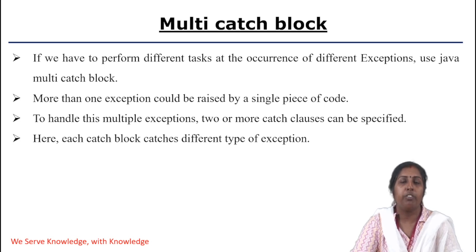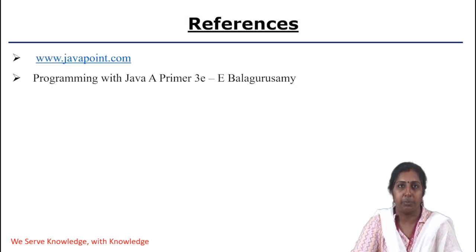Or if we have to perform different tasks at the occurrence of different exceptions, we use a multi-catch block. By writing a multi-catch block, it can handle more than one exception that can be raised by a single piece of code written inside a try block. Two or more catch clauses can be specified, and here each catch block catches a different type of exception.